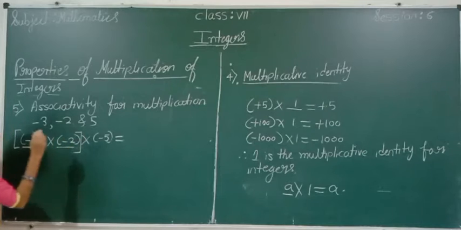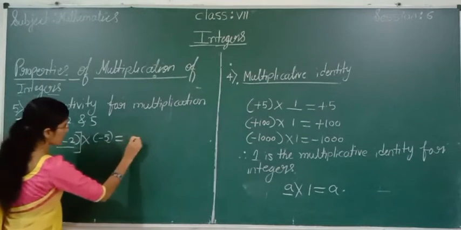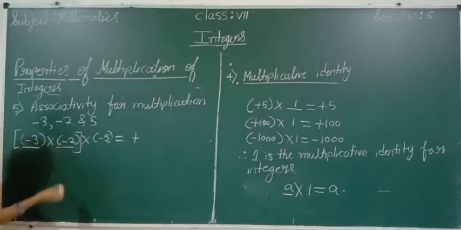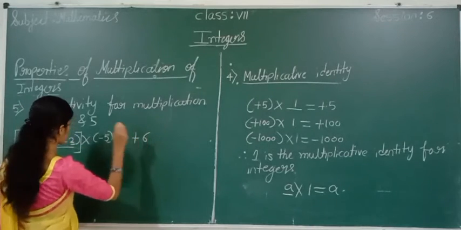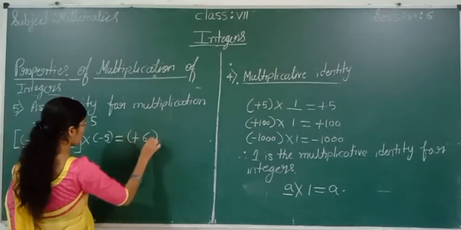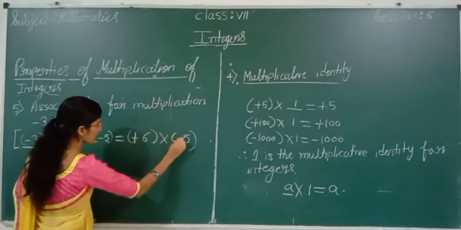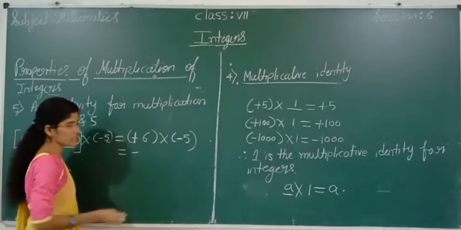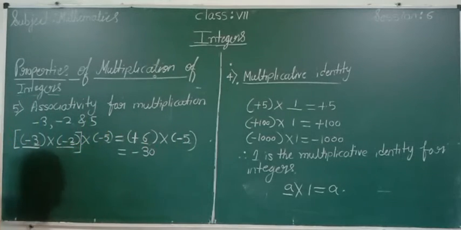When we multiply 2 negative integers, the answer will be a positive integer. 3 2s are 6. Into minus 5, when we multiply a positive integer and a negative integer, we get a negative integer. 6 5s is 30, so minus 30.